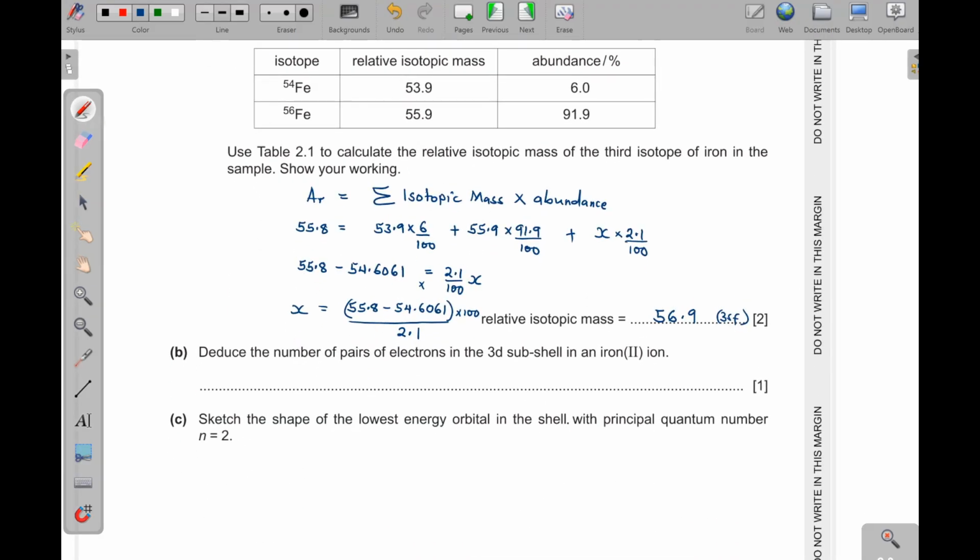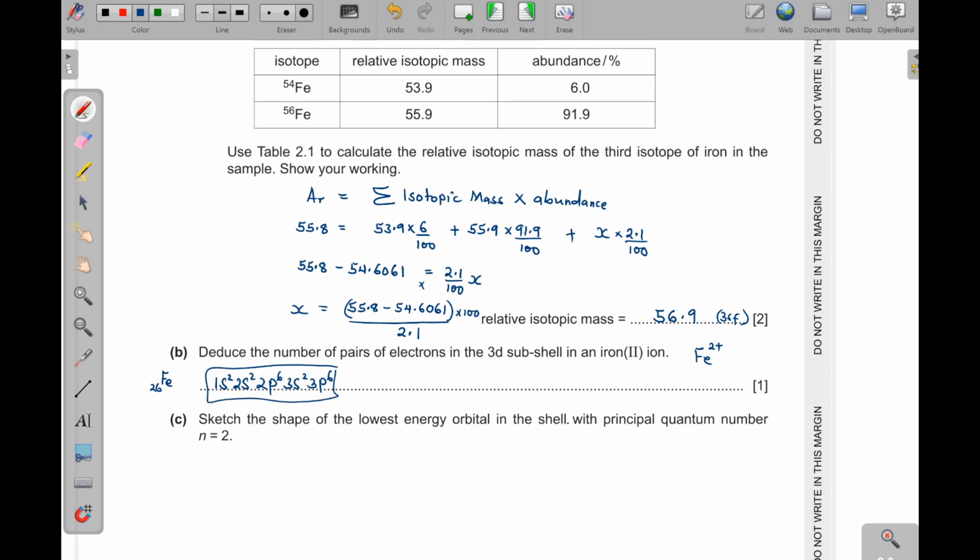Then part B, they are saying deduce the number of pairs of electrons in the 3D subshell in iron 2. Now, iron 2 means it has lost 2 electrons in its outermost shell. First of all, iron is in position 26, so the electronic configuration is going to be 1s2, 2s2, 2p6, 3s2, 3p6.